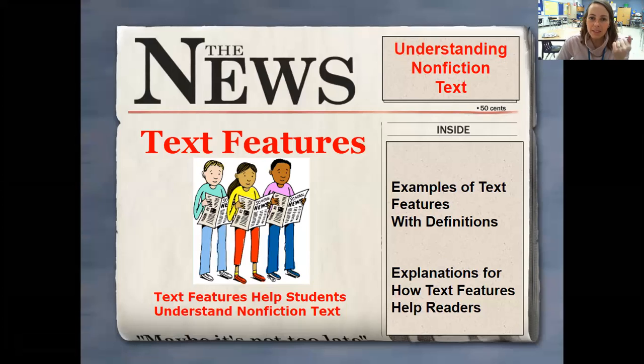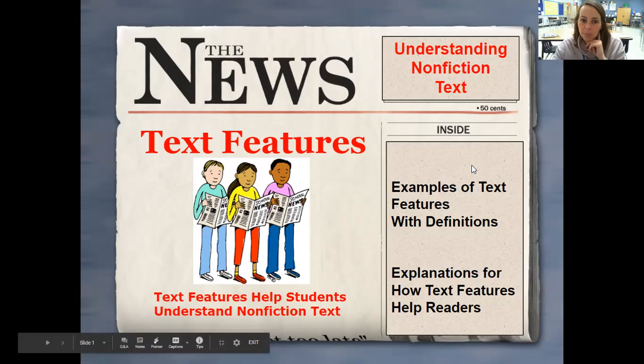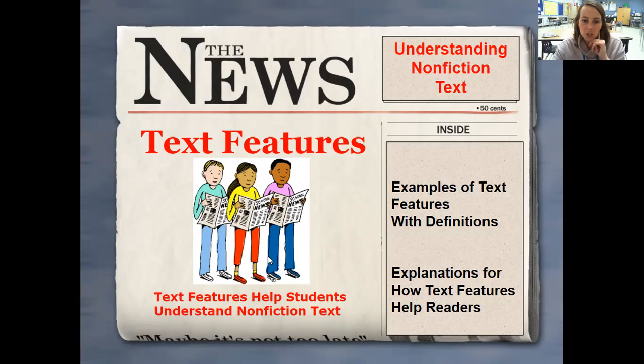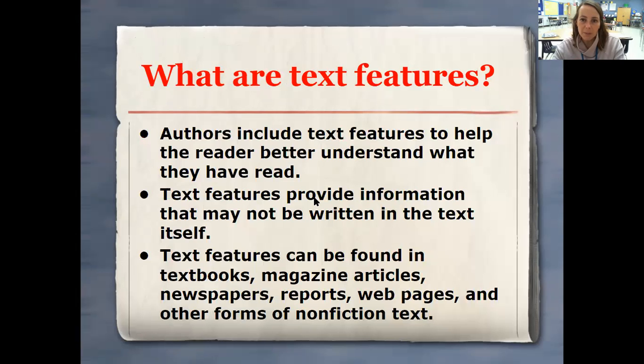So on this first page of our slideshow, you can already see a few text features on the text. You see this big thing at the top called the news. Guess what? That's a title. You see this box on the side. That's called a sidebar. This is a picture, an illustration. So that's kind of cool. Even on our first page, we see a couple of examples.